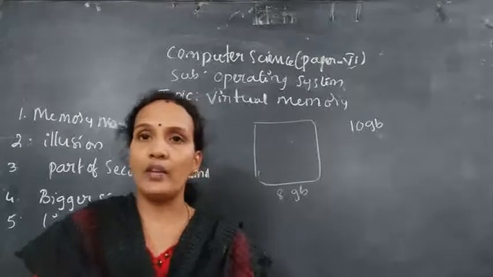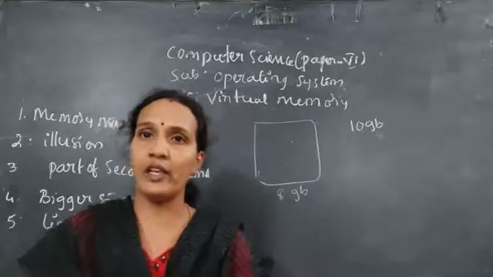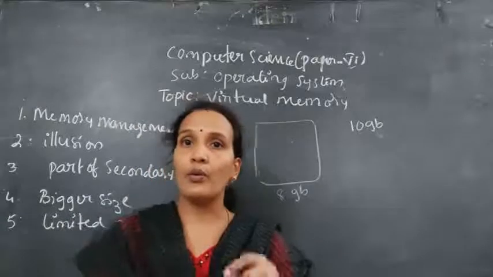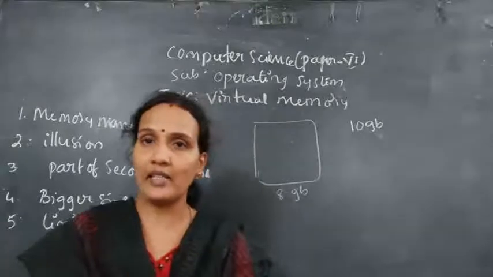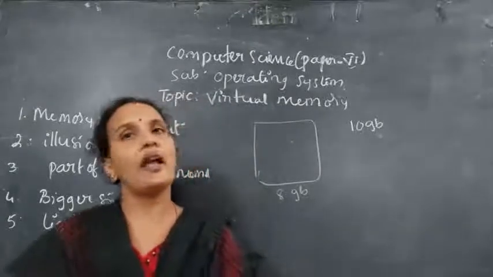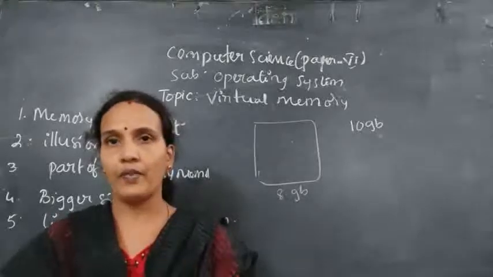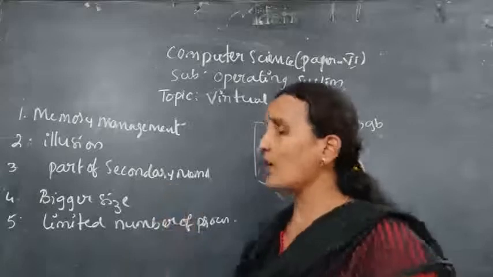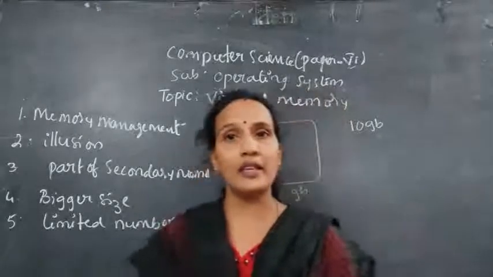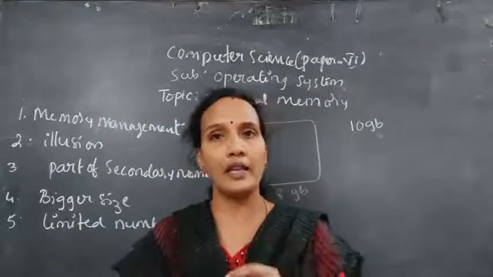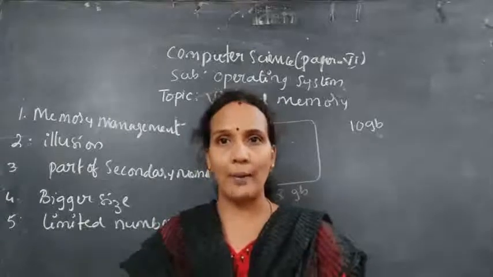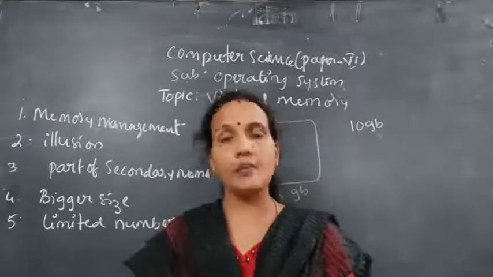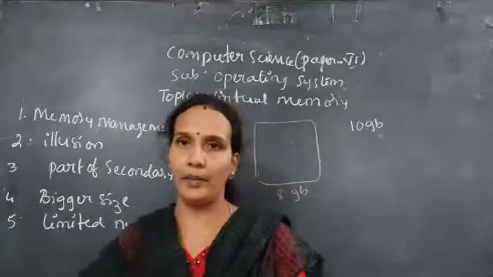It provides an environment to the user to execute a program whose size is bigger than the actual memory. It is a technique. Using virtual memory, the user can execute a program whose size is bigger than the actual main memory.